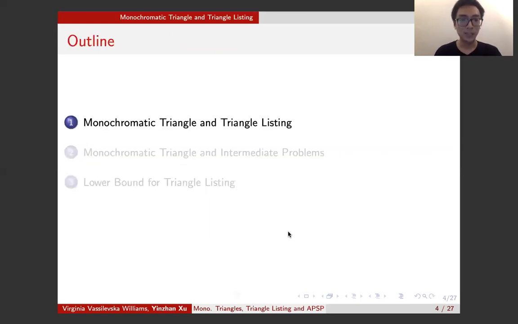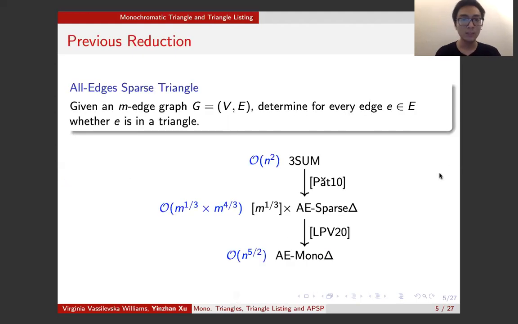Let me first introduce our first set of results, which strengthens the lower bound for monochromatic triangle via a strengthened lower bound for triangle listing problems. The previous lower bound for all-edges monochromatic triangle goes through the all-edges sparse triangle problem. In this problem, we are given an m-edge graph G, and we need to determine for every edge whether it is in a triangle or not.